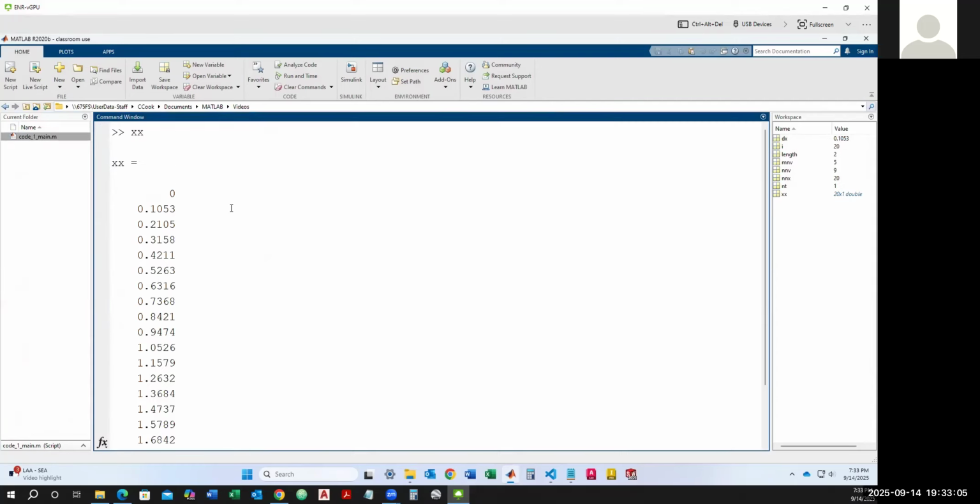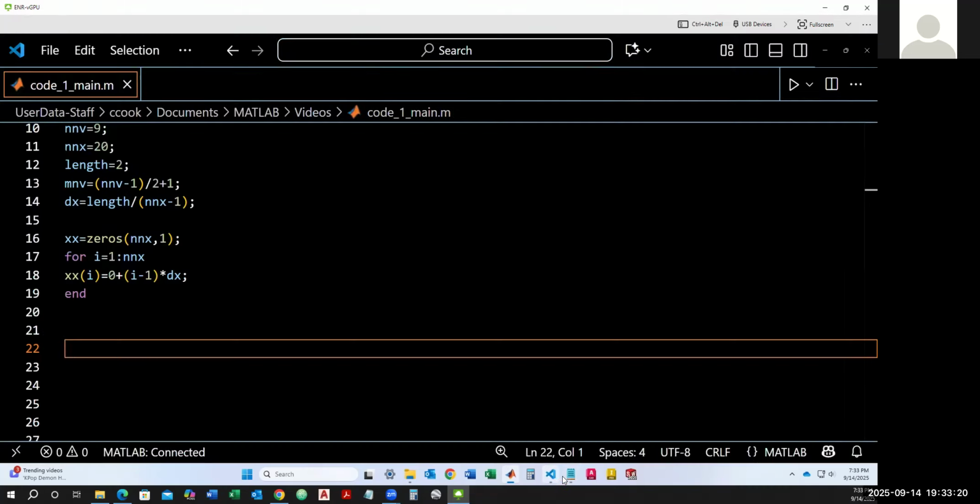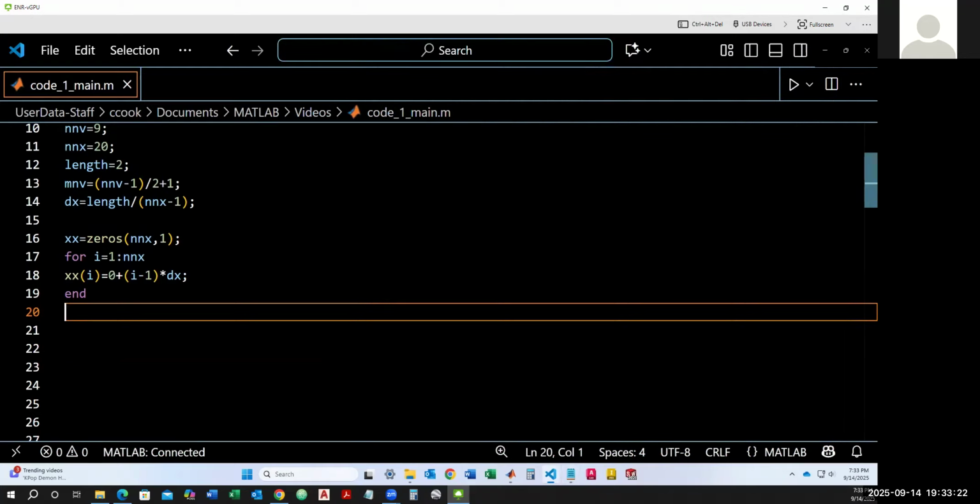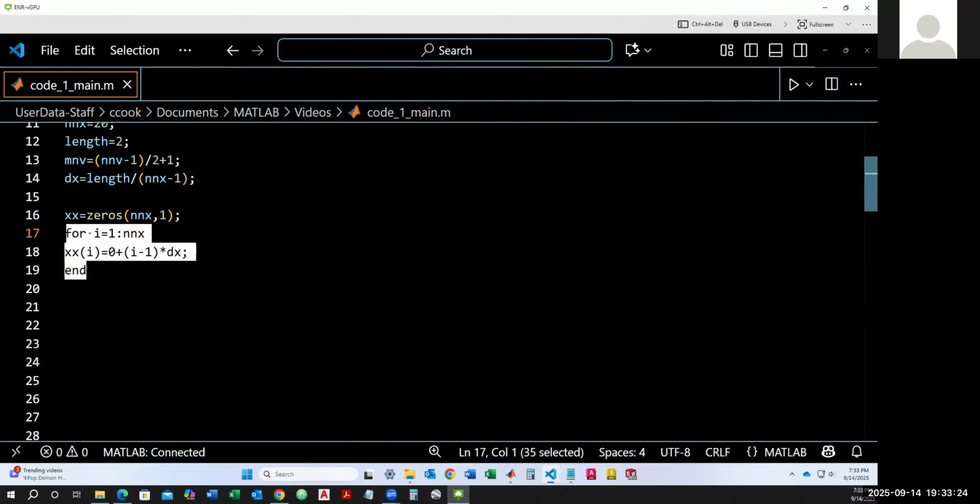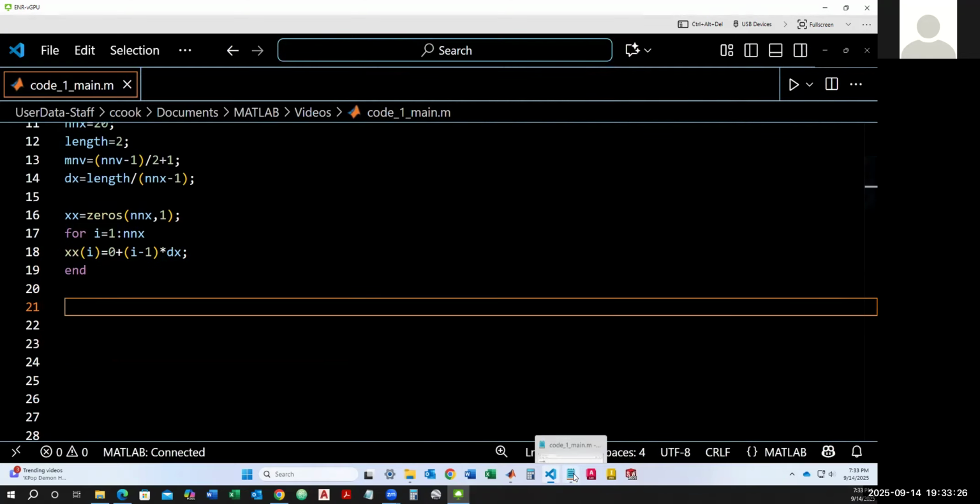Our spatial grid is just spaced out by dx, which is about 0.1, from 0 to 2. It's a very simple for loop. There are multiple ways you could do that using MATLAB.